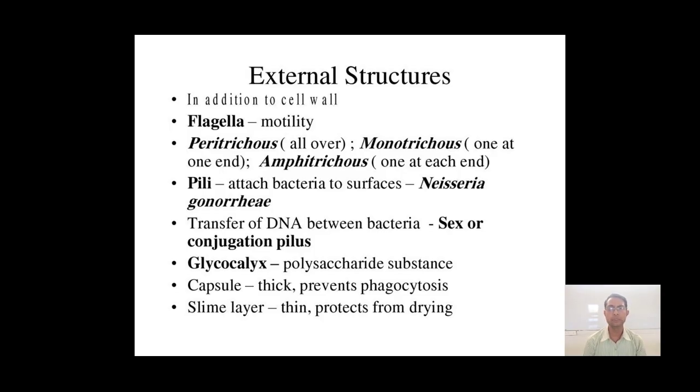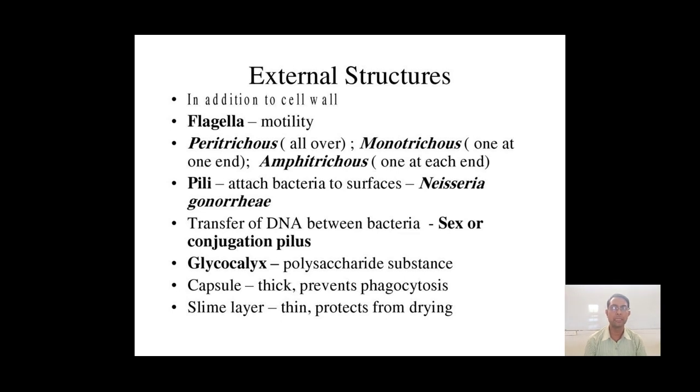But flagella are useful for the motility of the microorganism, that is bacterial motility. Then there are different types of flagella, for example peritrichous, monotrichous, amphitrichous. These are the types of flagella present on the body of the bacteria.